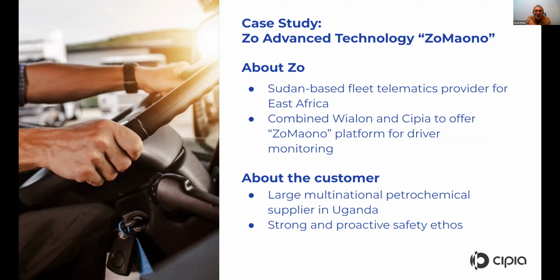So a little bit about Zoo. The company is based in Sudan, and it's a fleet telematics provider that works all over East Africa. The combination of Wialon and Cipia created a new offering, which is branded as Zumano platform for driver monitoring.